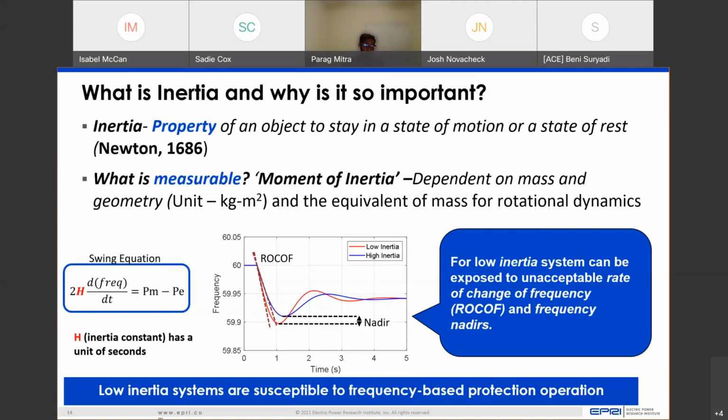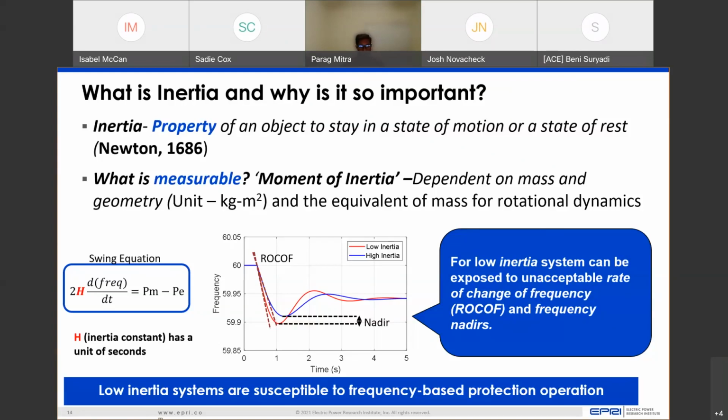It is derived from the moment of inertia, and it helps us estimate the property of an object to stay in a state of rotational motion. In this presentation, and in general in our power system practice, this is the quantity that we want to estimate. So why is this quantity important, and why do we want to estimate it?